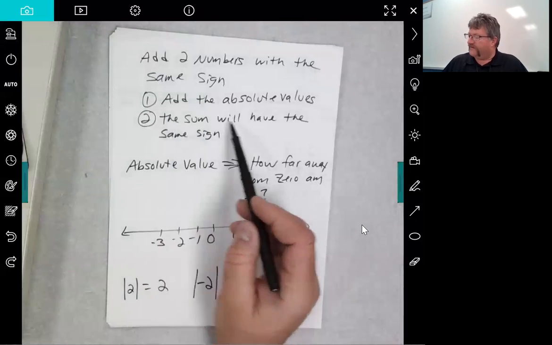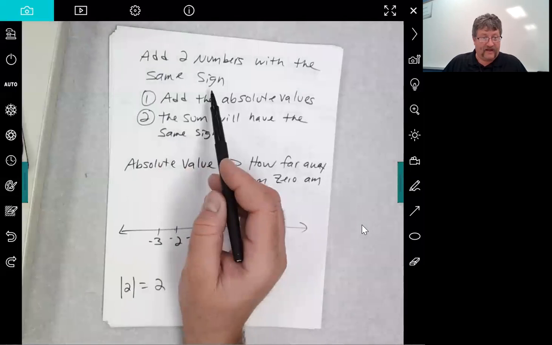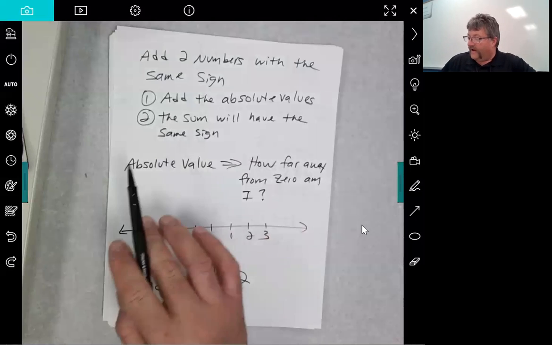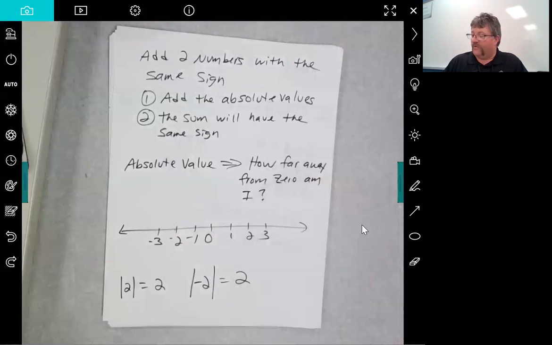So our procedure here says add if we both have the same sign. They're going to both be positive, which is the no-brainer case, or both be negative. I'm going to take the absolute values, so I'm going to ignore the fact they're both negative, just add the numbers together, and then the answer is going to be negative.